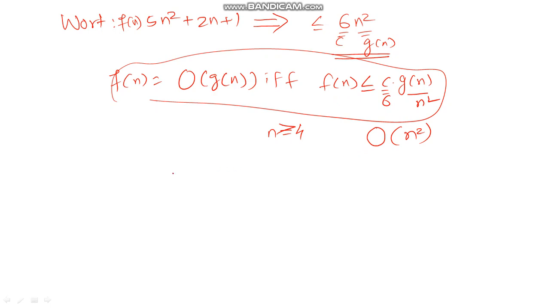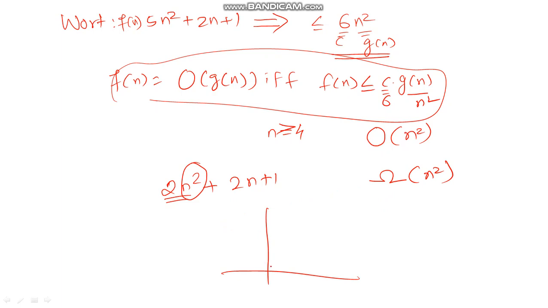In the best case also I am getting the equation 2n square plus 2n plus 1. Even though this is less than the worst case, it grows in terms of n square only. So in the best case I can say that it is omega of n square. If I plot a graph here, the range of the bubble sort is from 2n square plus 2n plus 1 to 5n square plus 2n plus 1.